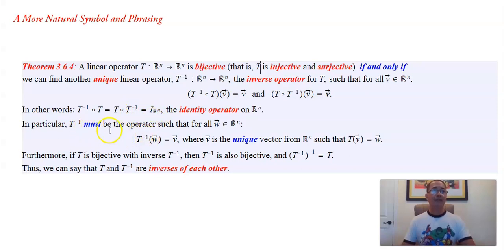So in particular, T inverse must be the operator so that for all W in Rn, T inverse of W is V, where V is the unique vector from Rn such that T of V is W.